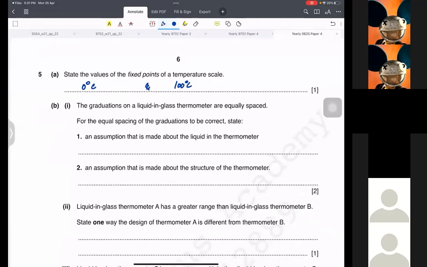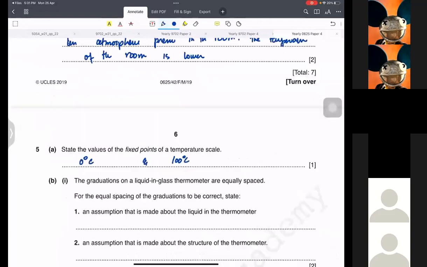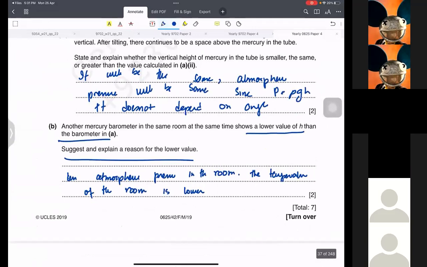Now, for question number 4, B part, it says it is in the same room. Then this answer is not correct.